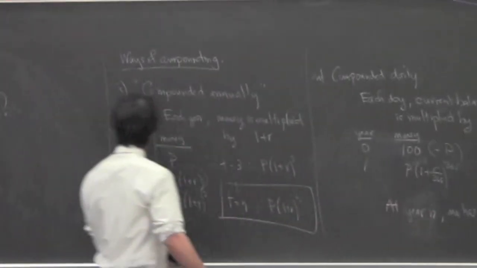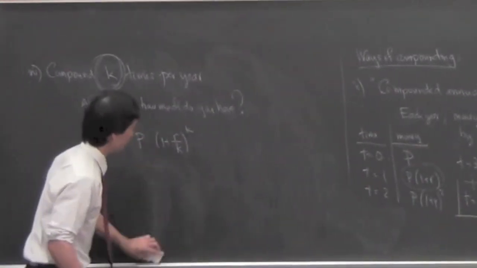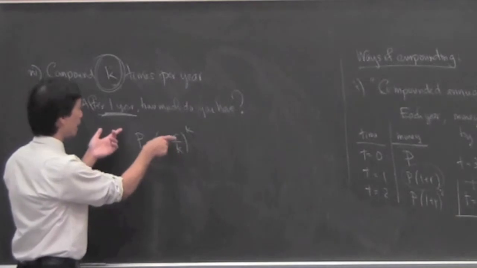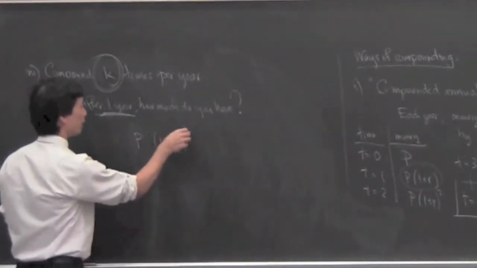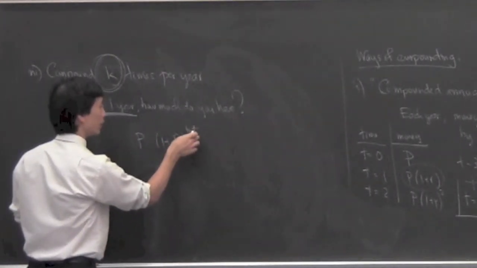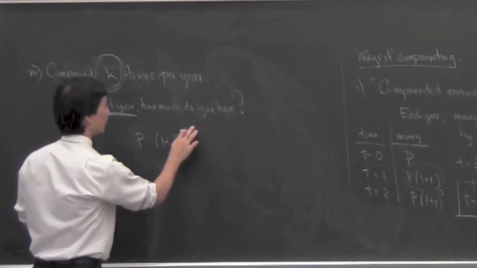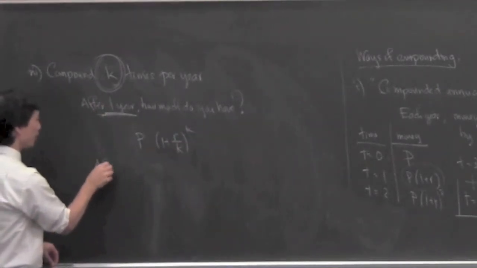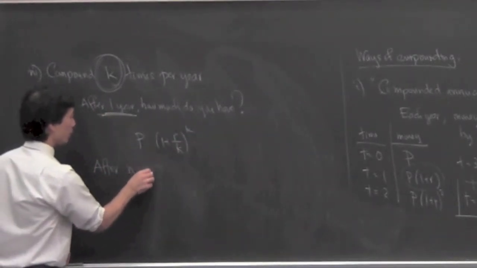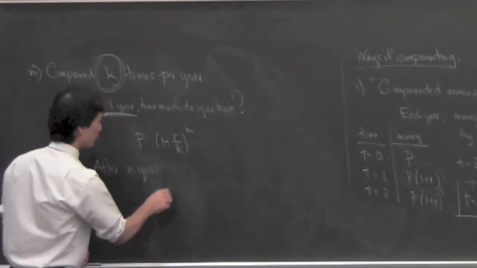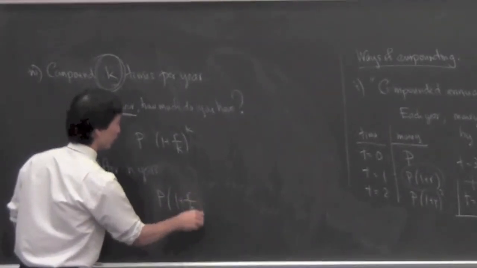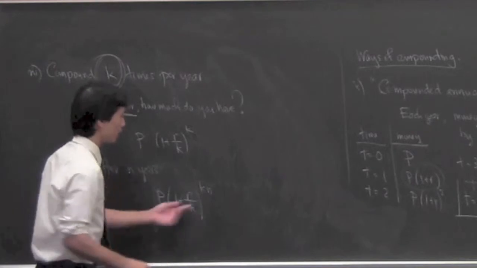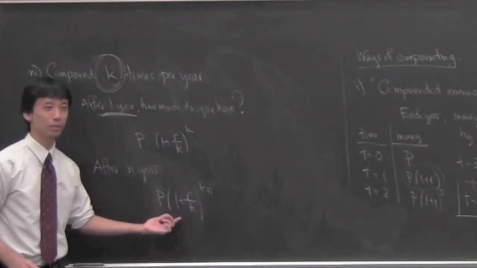So if it's k times per year, here's the formula, and for an arbitrary year, after n years, what you have is this. k times n, because it happens over n years.